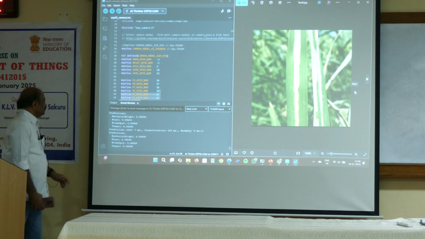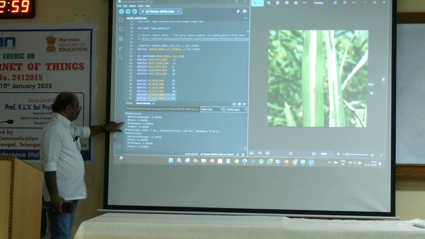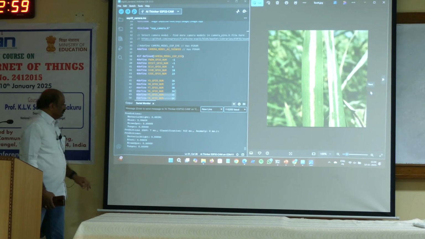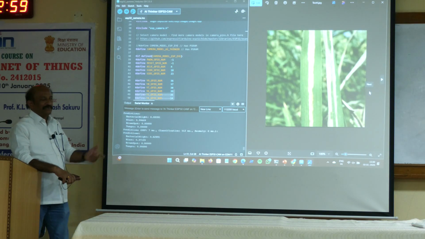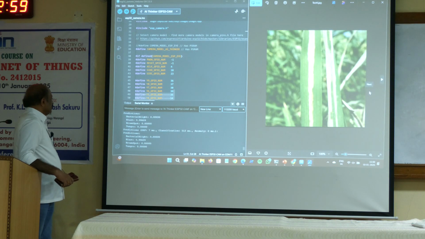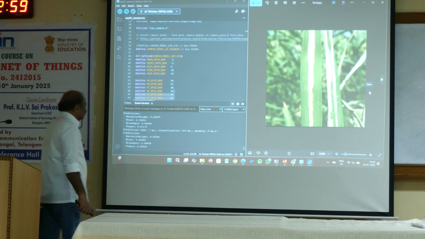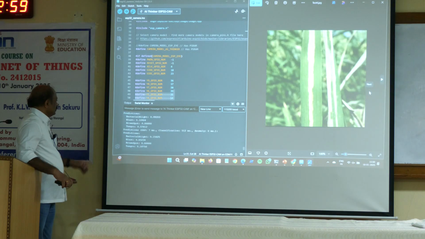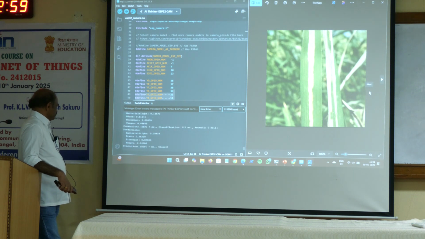So you have bacterial blight, blast, brown spot, tungro. We have restricted our diseases to 4 varieties, and we are trying to analyze whether it is there or not. The classification took so many milliseconds, and the DSP has taken 7 milliseconds, and the anomaly is 0.